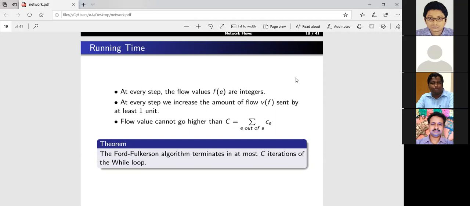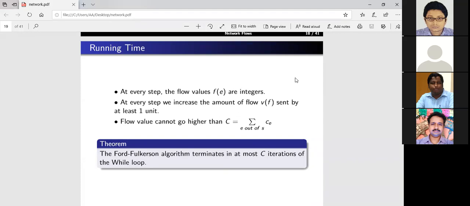So the sum of the capacities of the edges coming out of the source is an upper bound on the value of the flow, and so is the total capacity of edges coming into the sink. So at most the minimum of these two values many iterations, if the capacities are all integers, you come to a solution.